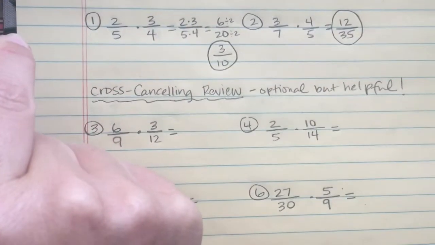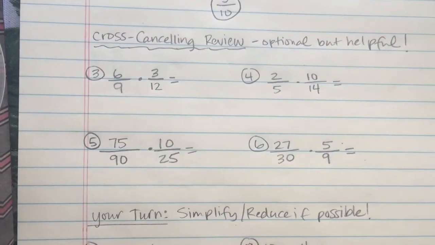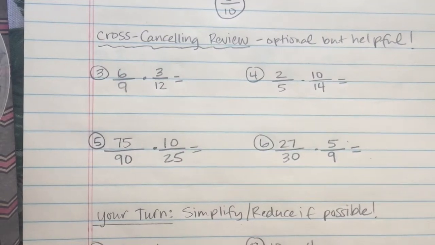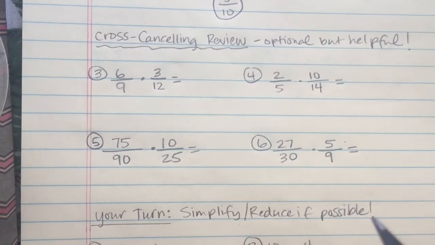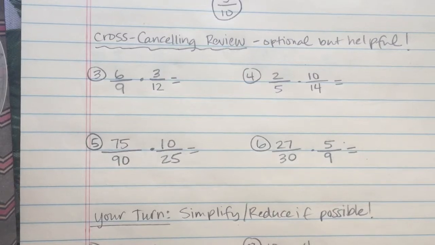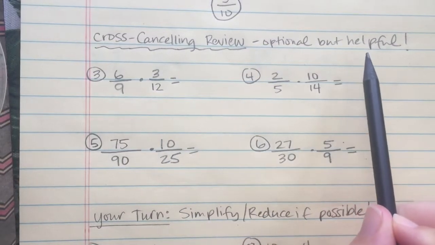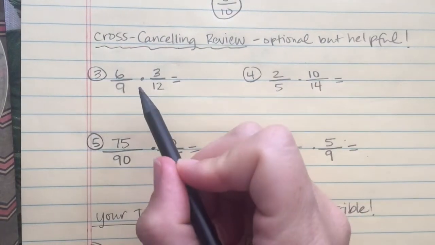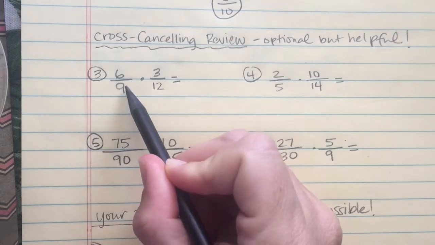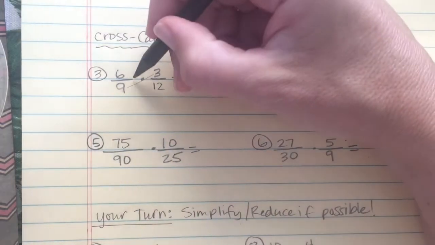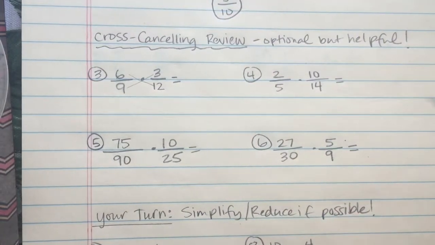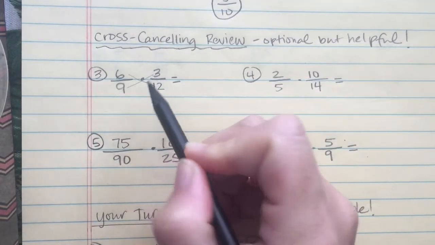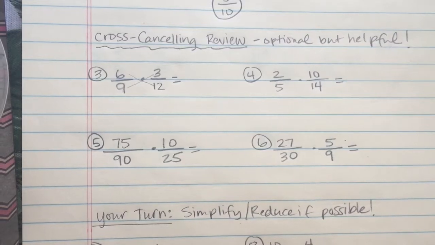All right, cross-canceling review. When you are multiplying fractions, what you may want to consider is cross-canceling. It is an optional thing to do, but it is definitely helpful because, like we just said, any opportunity that you can take to make numbers smaller might make working the problem easier. So what we're doing with cross-canceling is we're looking at the numbers diagonal from each other, and we're looking if the numbers diagonal from each other can be divided by the same number to make them smaller.